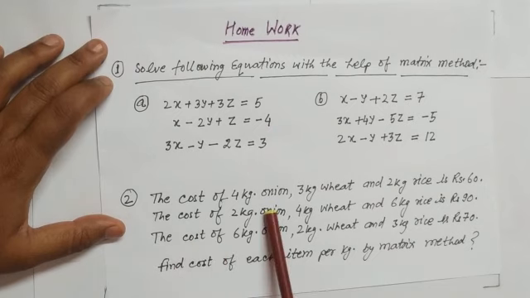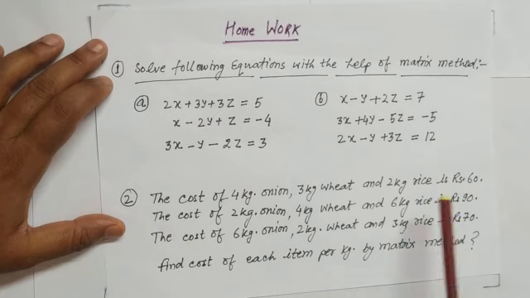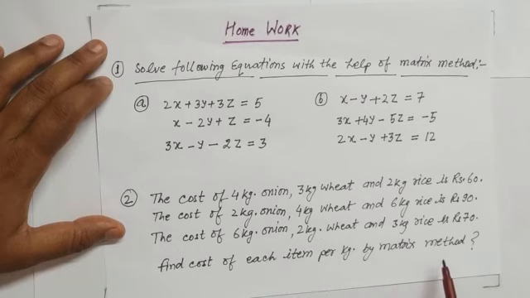The cost of 4 kg onion, 3 kg wheat and 2 kg rice is 60. The cost of 2 kg of onion, 4 kg wheat and 6 kg rice is 90. And the cost of 6 kg onion, 2 kg wheat and 3 kg rice is 70. Find the cost of each item per kilogram by the matrix method.